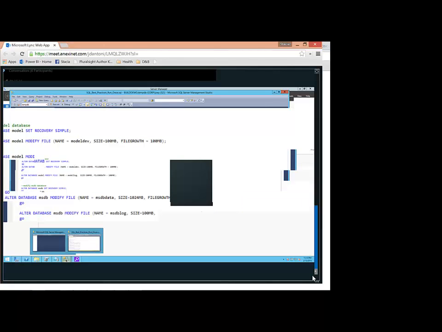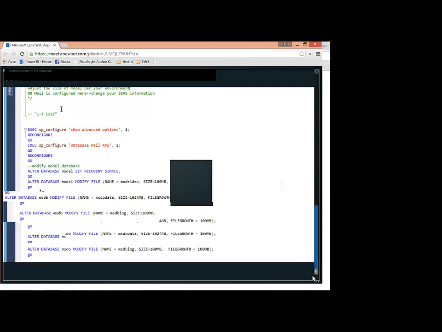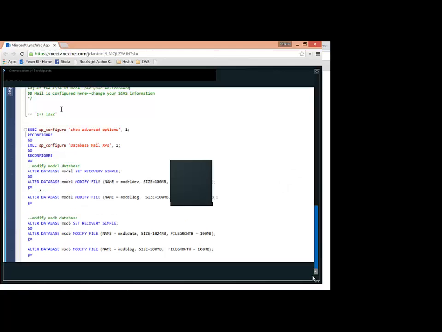The first thing we did here was configure database mail and turn it on. The next thing we're going to do is change the model size. And here I used 100 meg and file growth of 100 meg for both the model database and the model log. Like I mentioned in the presentation, this isn't the ideal size for everything. It's a good size for my stuff for a demo.